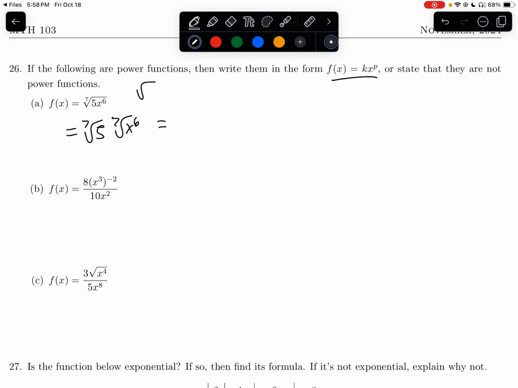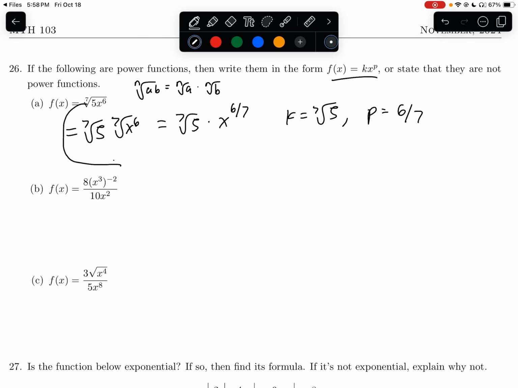It's using the property that the nth root of a times b is the same as the nth root of a times the nth root of b. And so this is the 7th root of 5 times x to the power of 6 over 7. We had to convert it into a fractional exponent because we wanted the power p. So then this means that k is the 7th root of 5. You could convert that to a decimal, I guess, if you want. And p is 6 over 7.